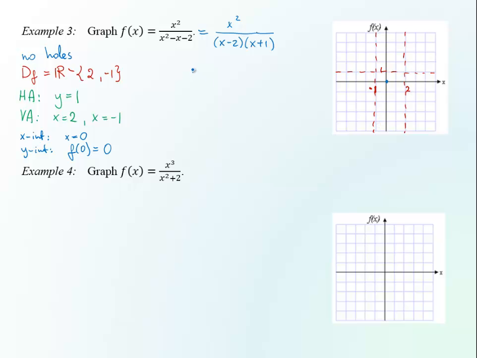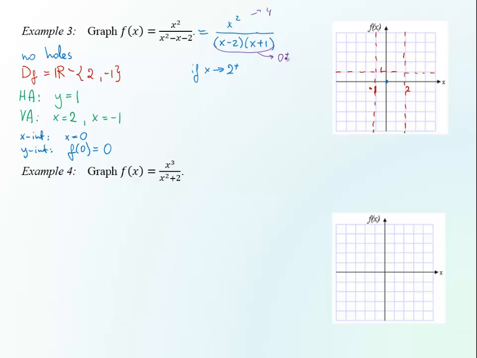So, if x approaches 2 from the positive side, what do we expect? Well, the numerator will go towards 4. The denominator, if this is a little bit larger than 2, this is nearly 0, but positive, times 3, so it's approaching 0 from the positive side.